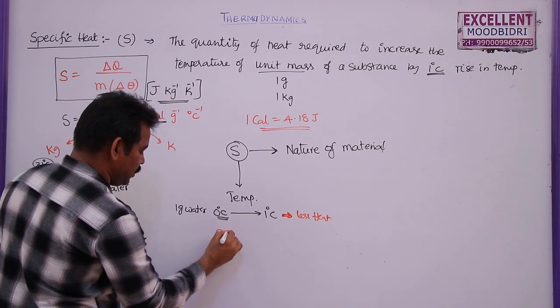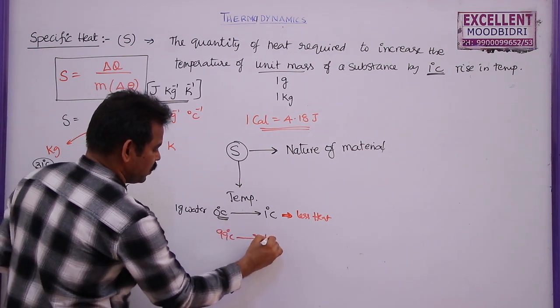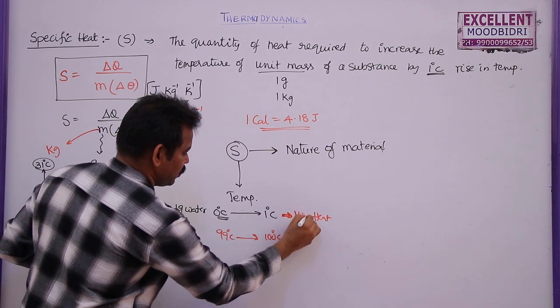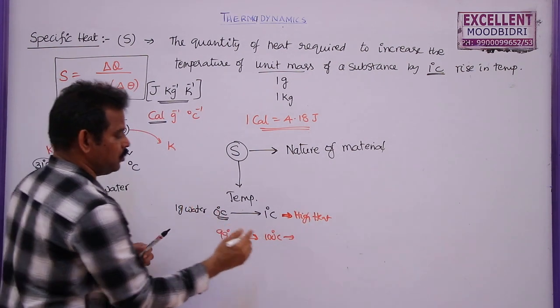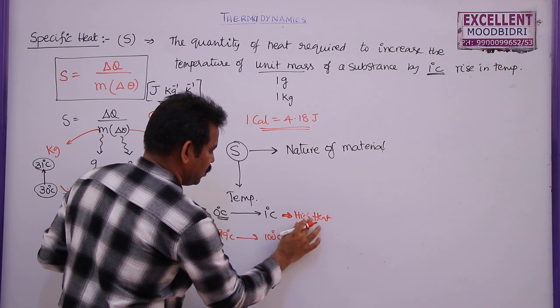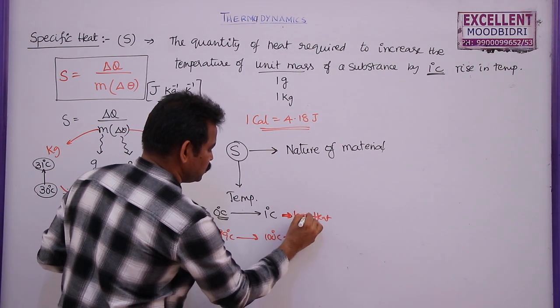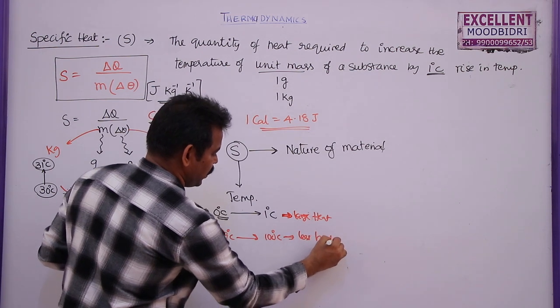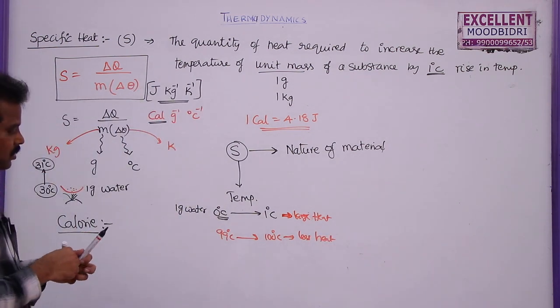But from 99 degrees to 100 degrees centigrade, we need to give a large quantity of heat. Here large heat is required, specific heat is more than 1 calorie. Here less heat is required, so it is less than 1 calorie.